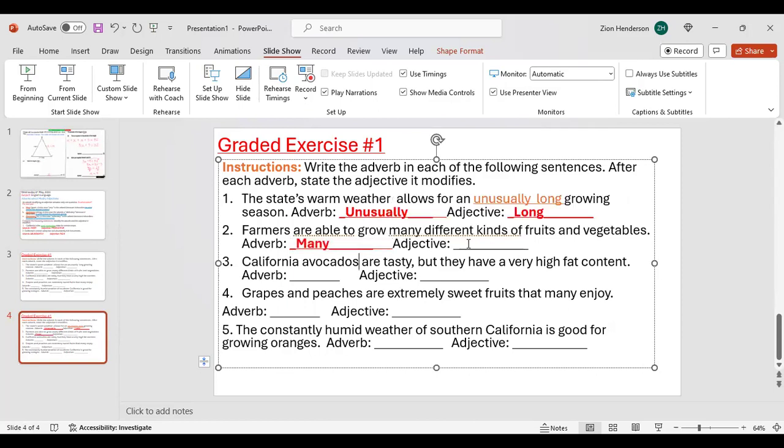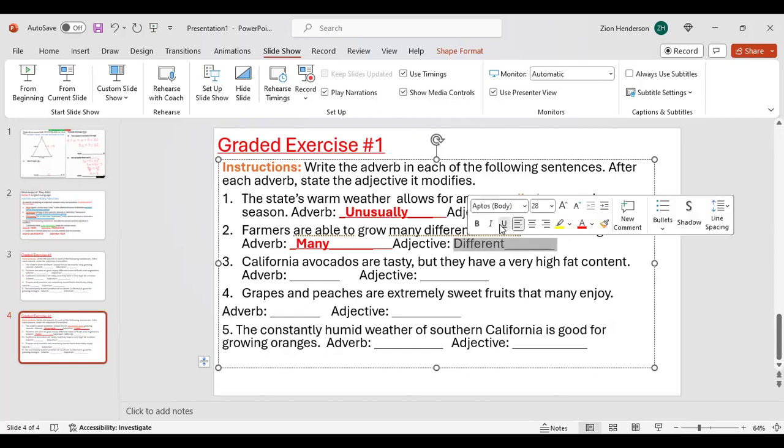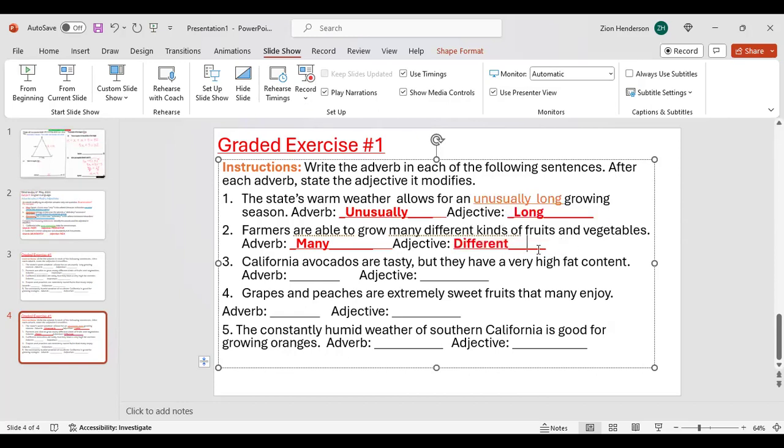How many persons have this for number 2? I did. Okay.